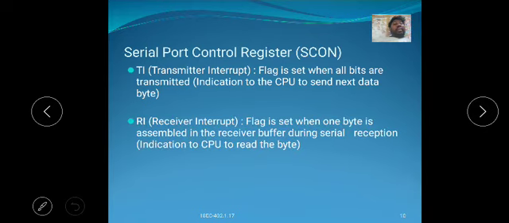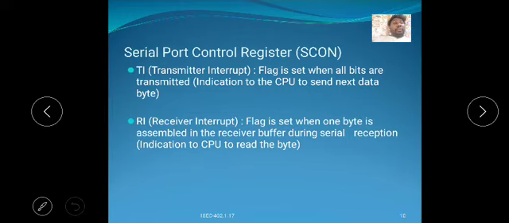TI is the transmitter interrupt. The flag is set when all the bits are transmitted. It is an indication to the CPU to send the next data byte.